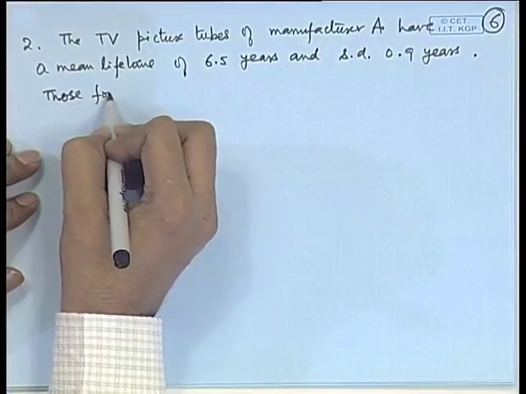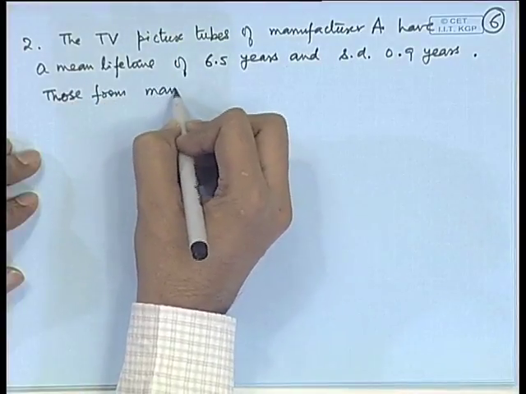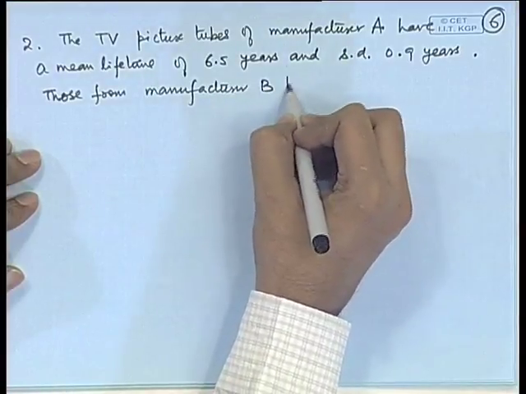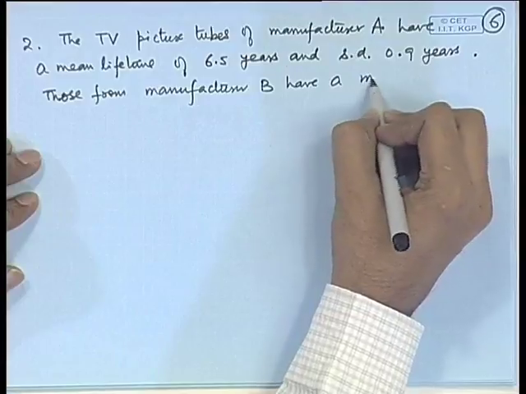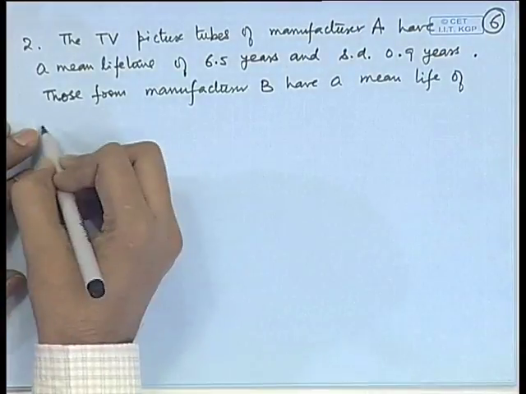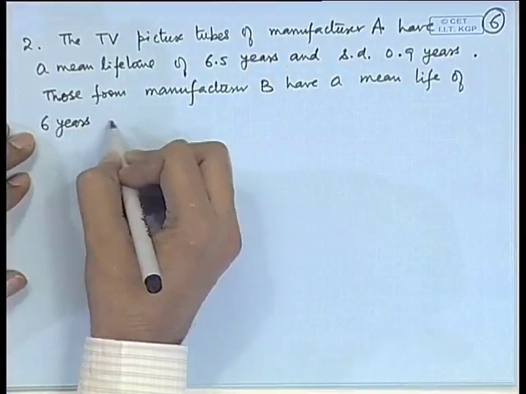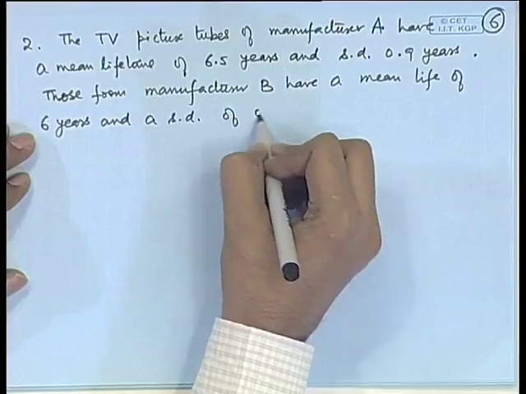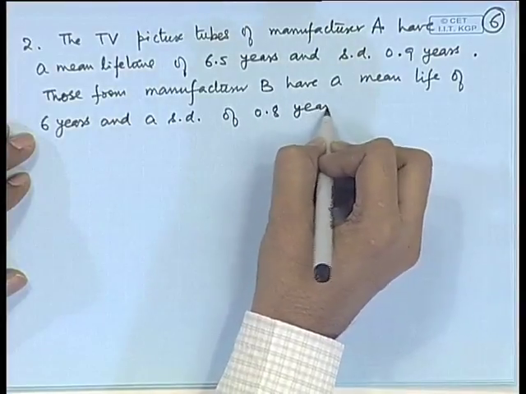Those from manufacturer B have a mean life of 6 years and a standard deviation of 0.8 years.